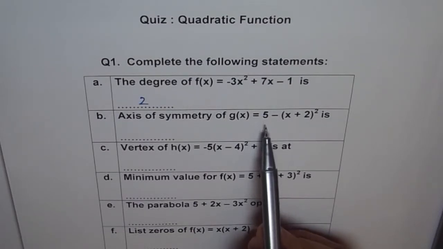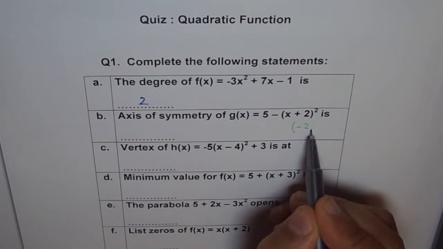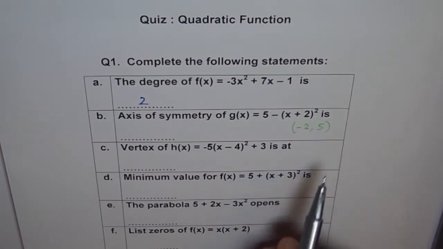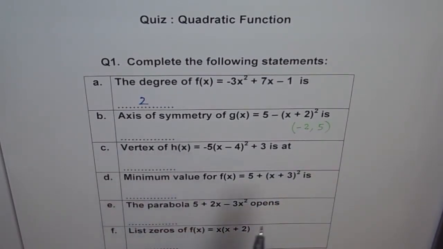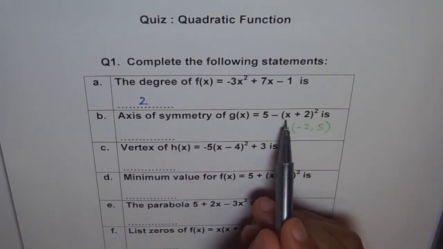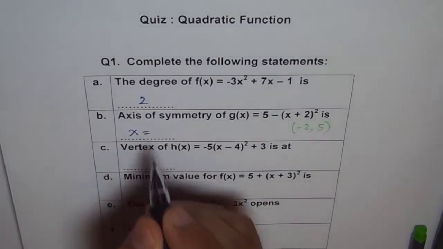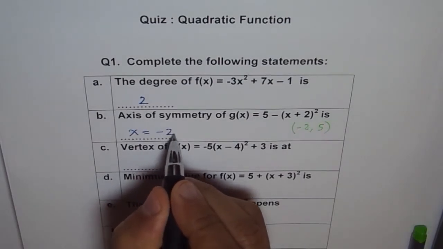So the vertex is at point minus 2 and 5, correct? Well, we are asking for axis of symmetry. Axis of symmetry is the x value which will make this x plus 2 zero, right? And the answer is x equals to minus 2, right?